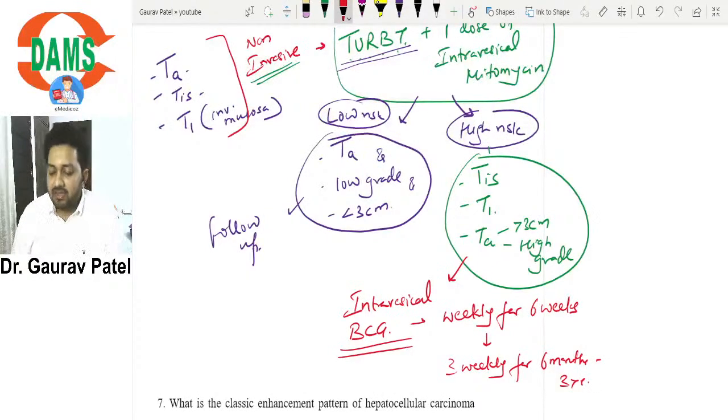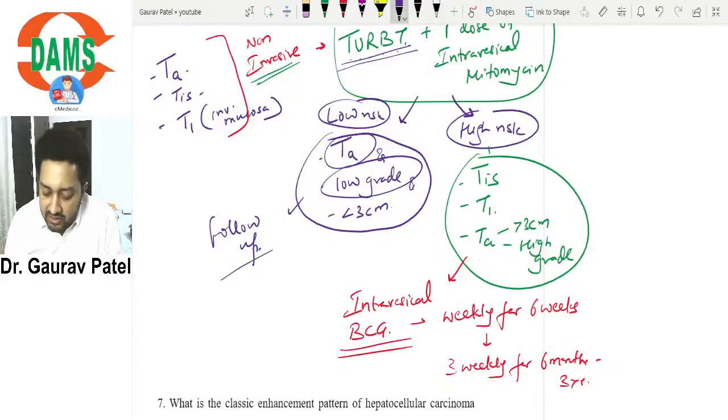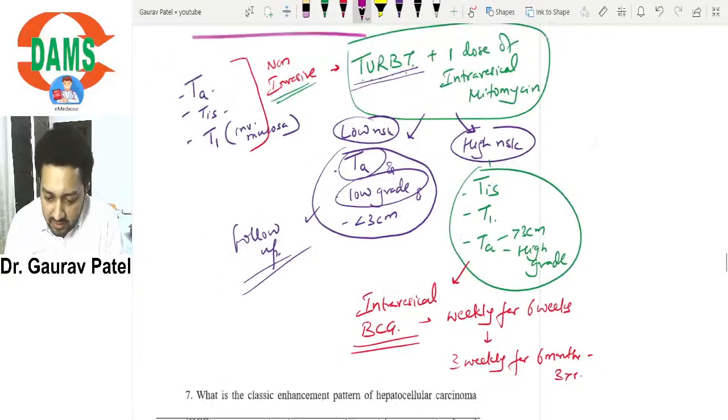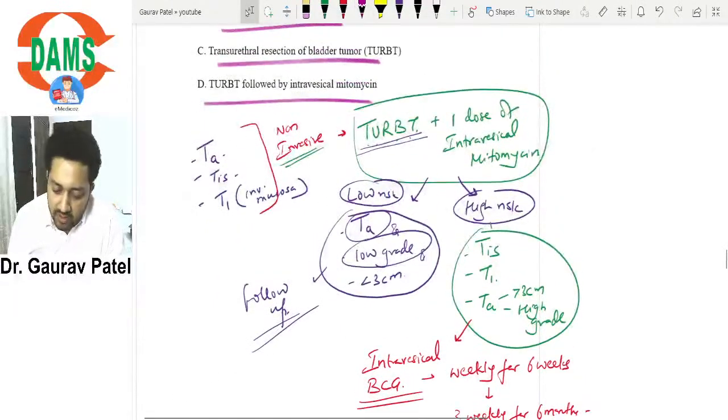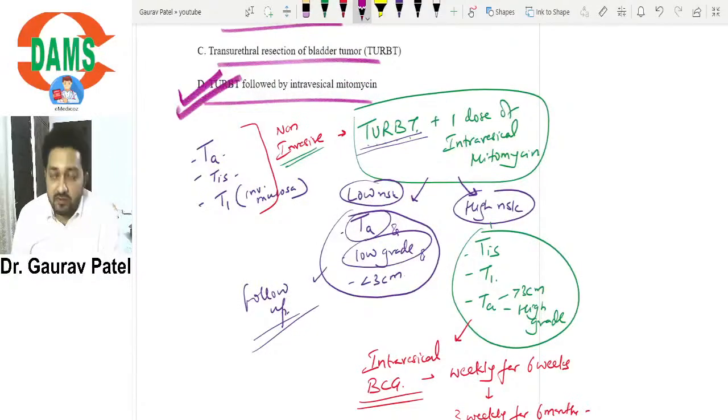So in these cases you will give intravesical BCG. Our question says it is Ta and low grade, so that's why only mitomycin. Subha is correct. TURBT followed by intravesical mitomycin.